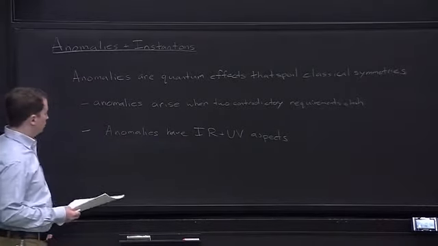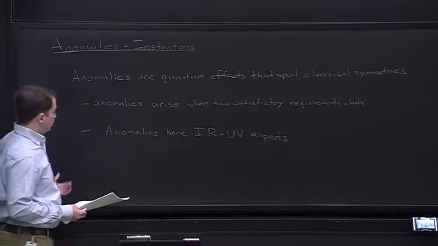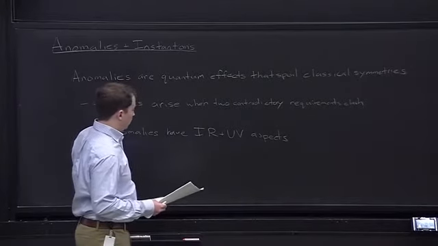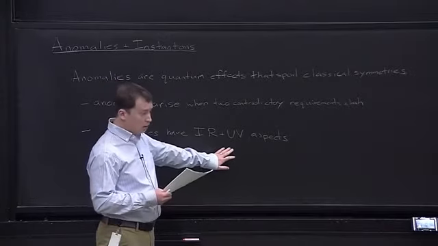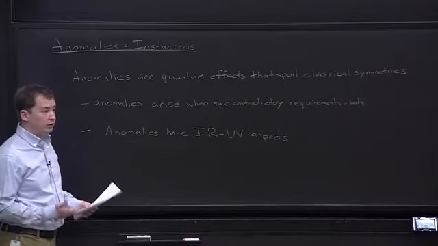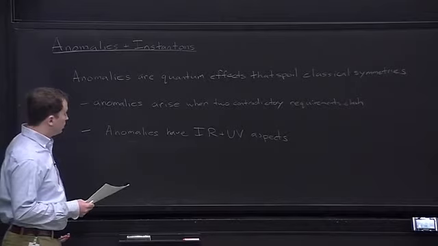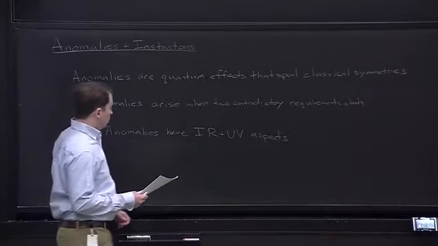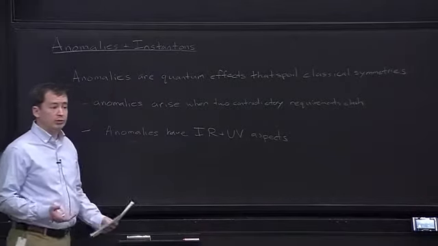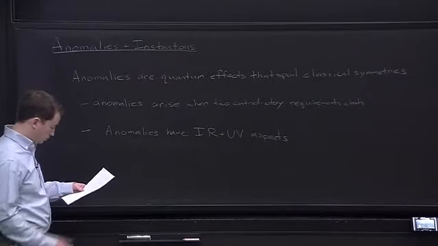We don't need to do very high energy experiments to see that there's an anomaly. But in a sense, the reason that we have an anomaly is related to the impossibility of finding a UV regulator that respects the symmetry. And these IR and UV aspects are closely related. We'll see that in some detail in the example we're going to go through today.